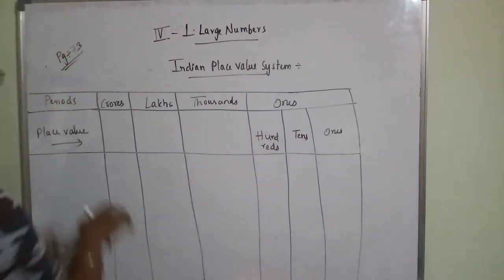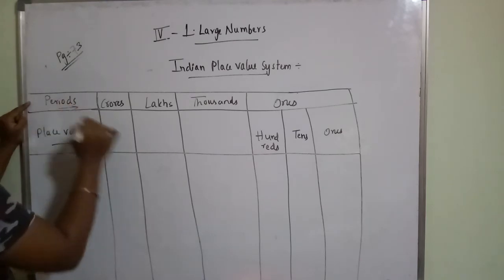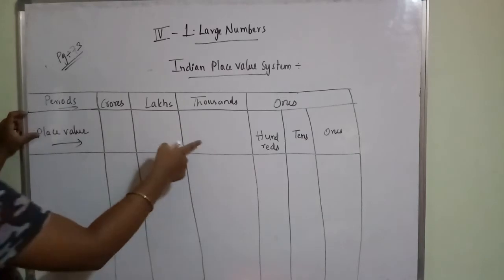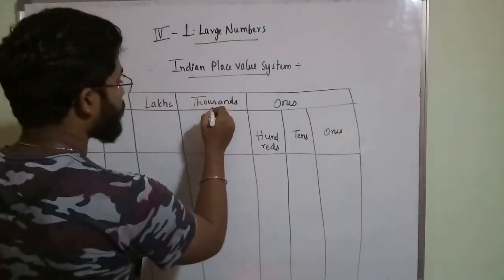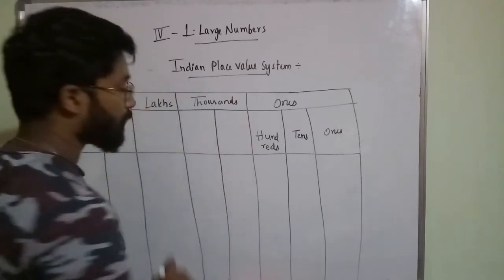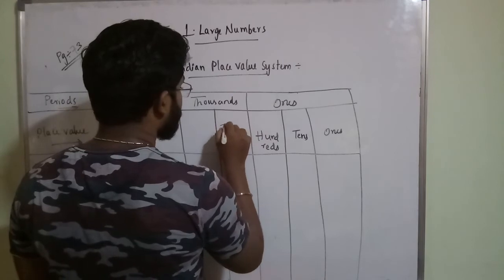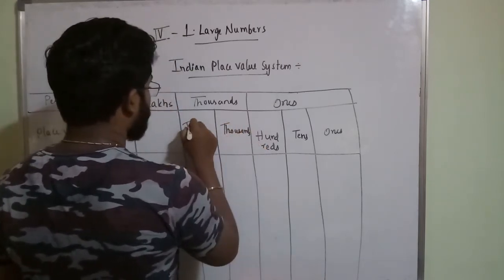So this heading is telling that these are periods. What are the periods? Ones, thousands, lakhs, crores. What are the place values? It is showing here. In thousands you are having 2 place values. What are they? Thousands, 10,000s.